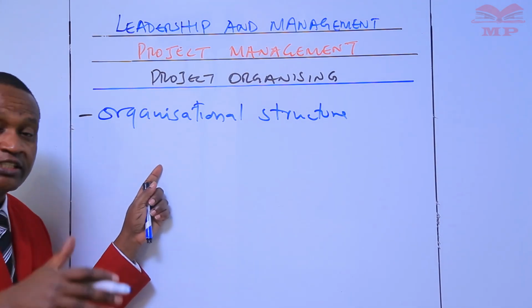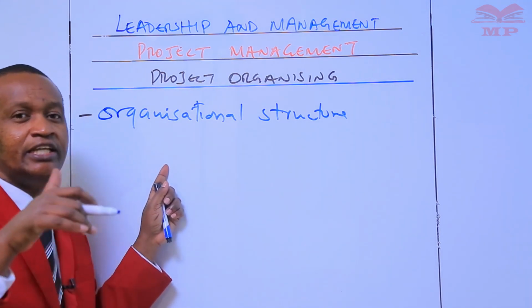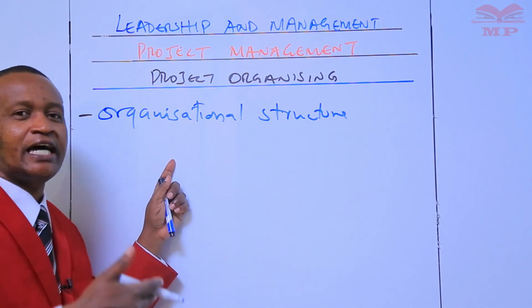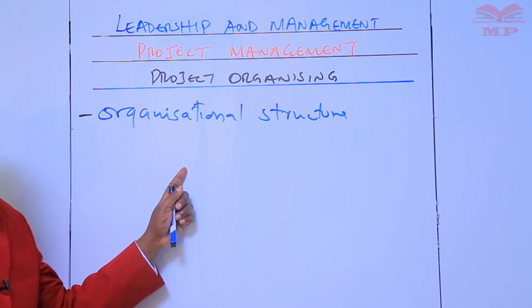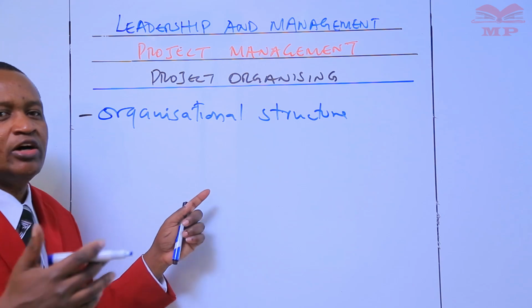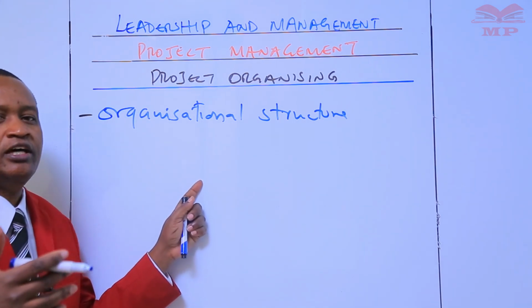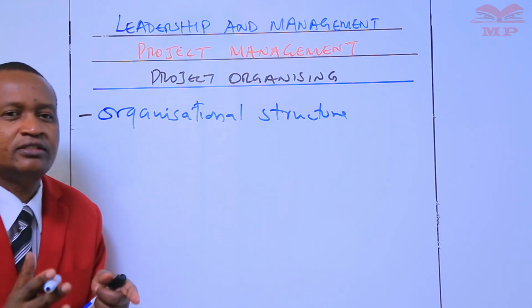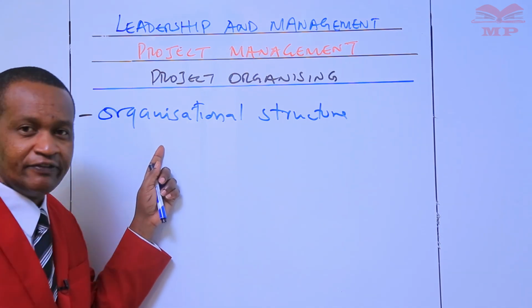We even discussed that uniqueness is one of the characteristics of projects. So the design of an organizational structure should consider the organizational environment, the project characteristics in which it will operate, and also the level of authority the project manager is given.